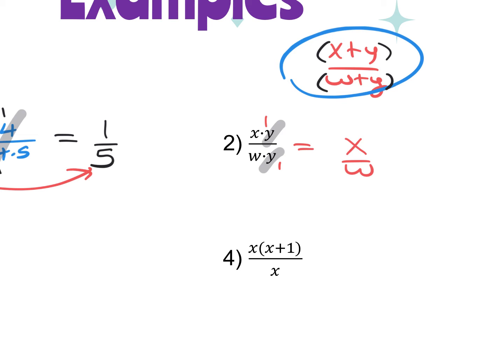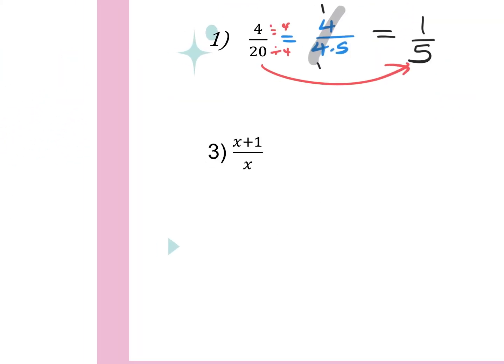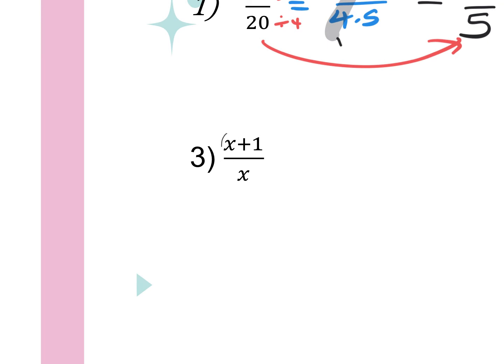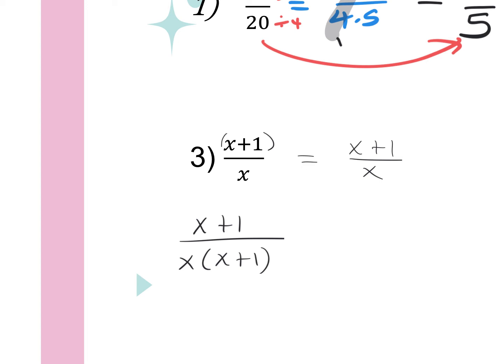The next one, same thing. Notice this is grouped together, so I cannot simplify the x's here. This one is already in simplest form. Now, let's say instead it had x plus 1 over x times x plus 1.